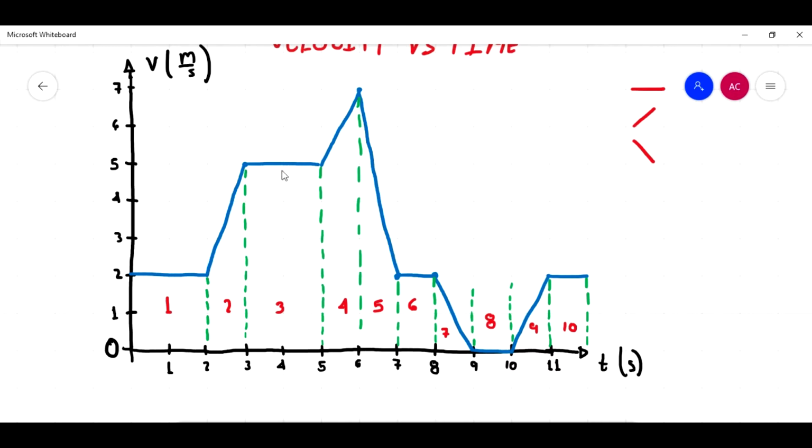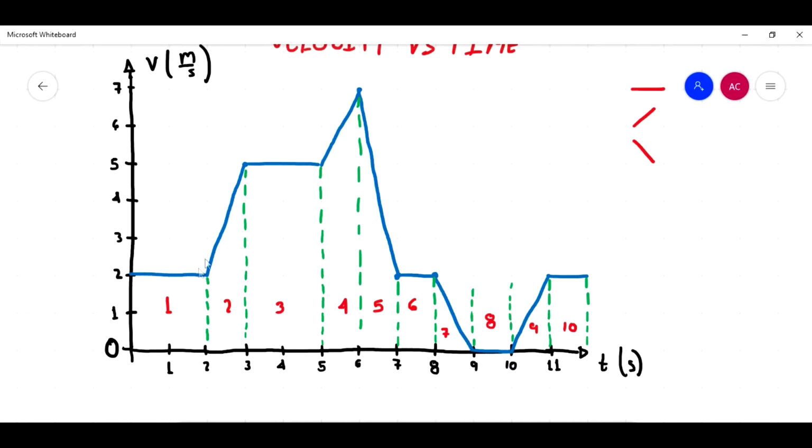But this is not true, because, for example, in segment number 3, where we have the horizontal line, the car is moving at 5 meters per second. In order for the object to be still, the velocity must be 0 meters per second. So that is not the case for this one.